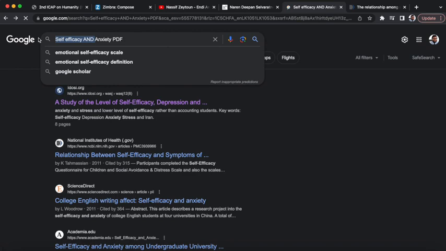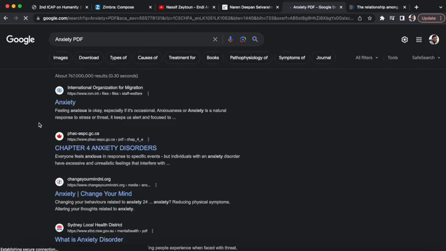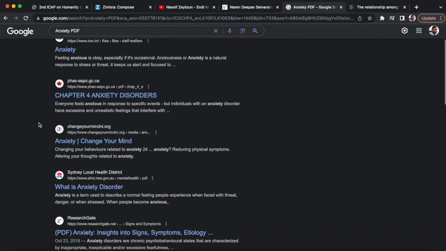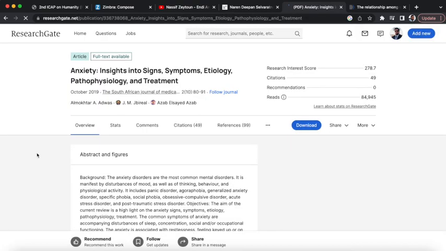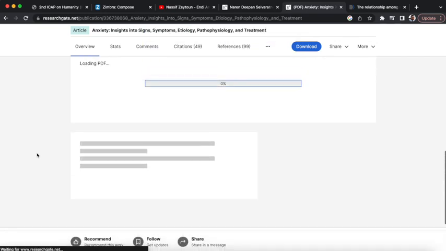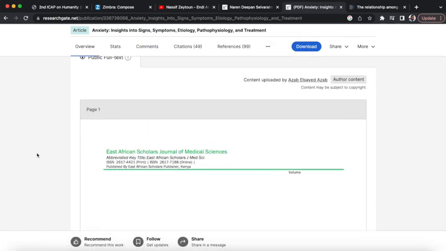I'm going to just write anxiety and PDF. See, anxiety, this is a research paper. Anxiety insights into signs, symptoms, and etiology. Okay, so the paper is loading.